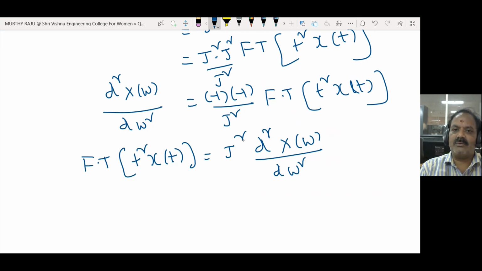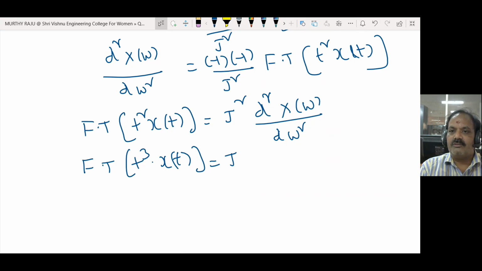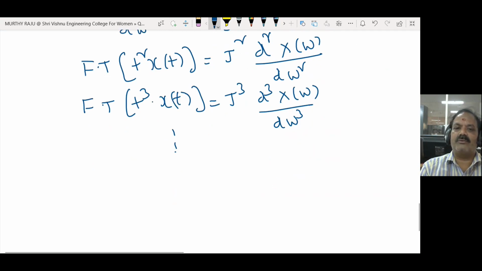Here n is equal to 1 for t into x of t. Finally, for the second differentiation, t square x of t, it is j square d square X of omega by d omega square. For the third differentiation, the Fourier transform of t cube x of t is equal to j cube d cube X of omega by d omega cube, and so on and so forth.